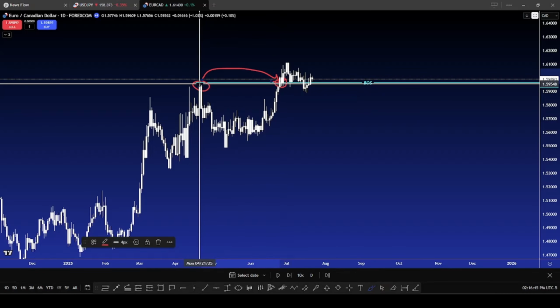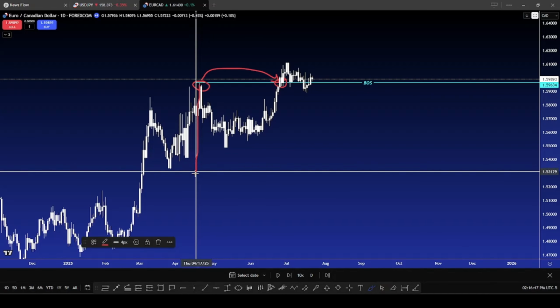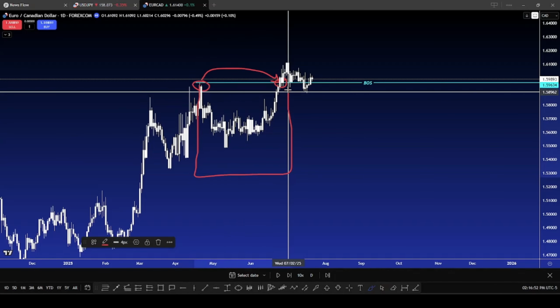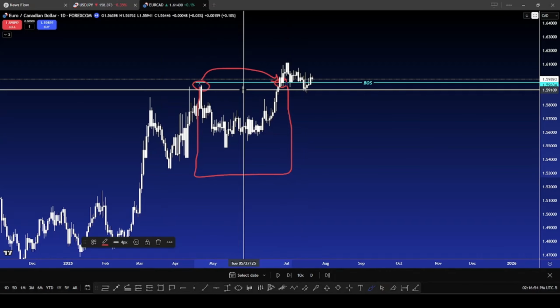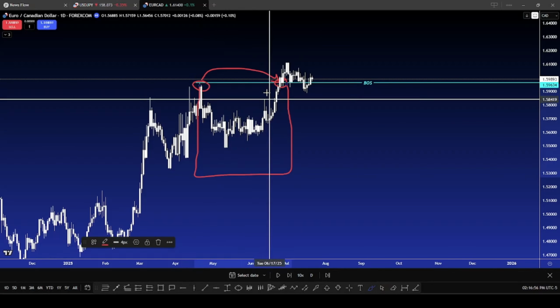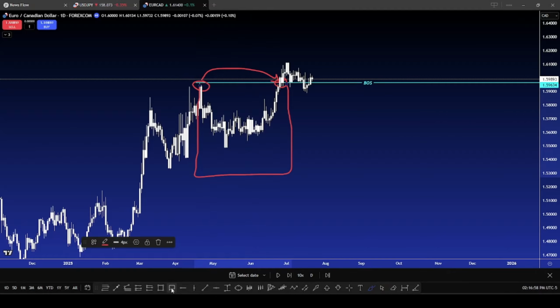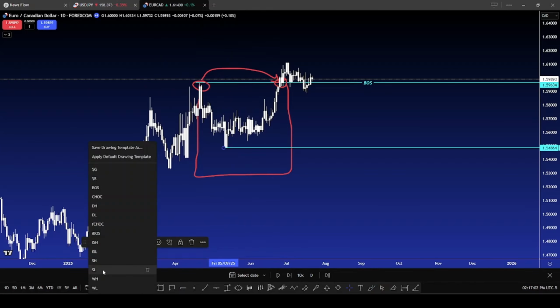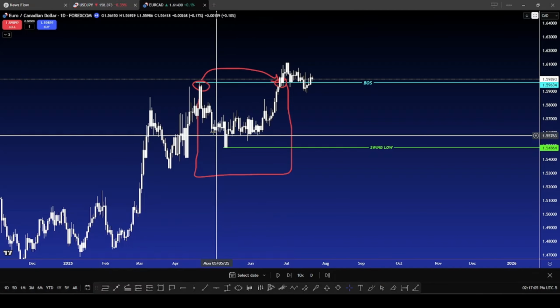From this point, if I go straight down and draw a little box to where price eventually broke, in this space, where's the lowest price got to? And the answer is right here. That is your swing low, ladies and gentlemen.